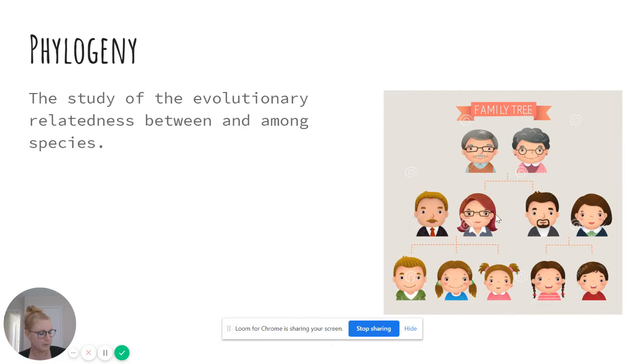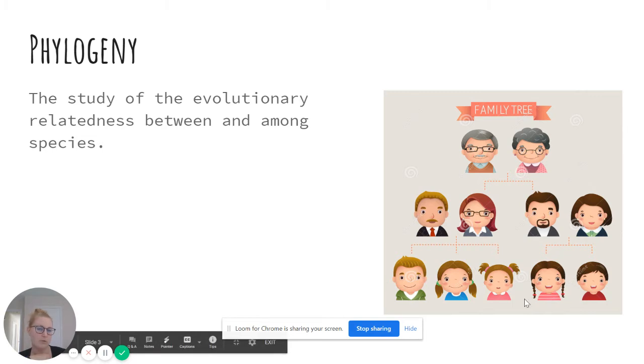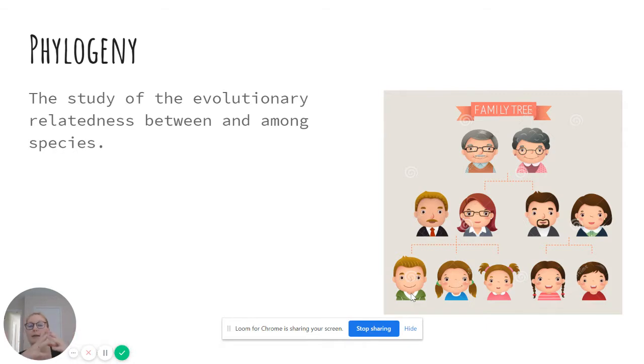They are very closely related. They share the same two parents. But as we move down the tree, these people become more distantly related from one another. So if I took this child and compared him with this child, they have more differences, for example, in their DNA. So that would be a significant difference.